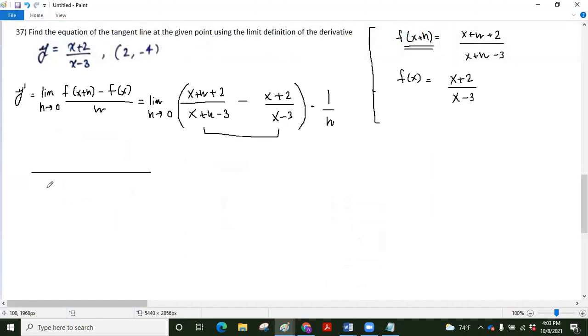So it's the limit as h approaches 0 of x minus 3 multiplied by x plus h minus 3, and multiplying these guys is x minus 3, x plus h plus 2, x minus 3, and then x plus h plus 2, minus x plus 2 multiplied by x plus h minus 3. Okay, so we multiplied these, and then we multiply these, and then we multiply these.